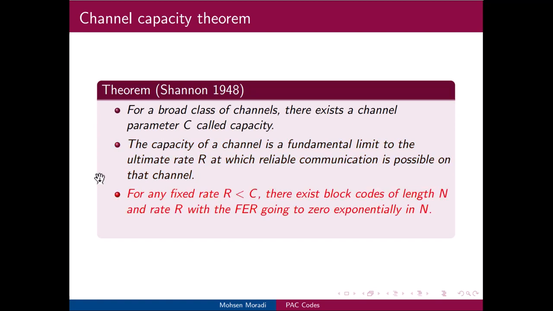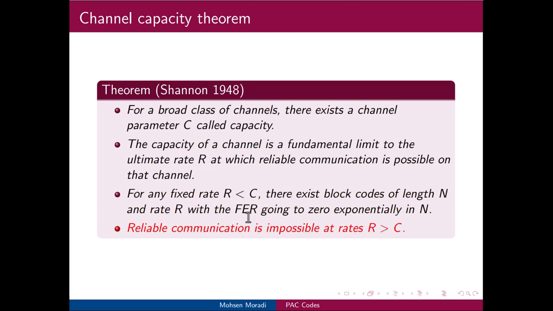We have an asymptotic result that when the block length N goes to infinity, for any fixed rate R less than the capacity, we can have a series of codes whose frame error rate goes to zero exponentially in N. It means that as the block length goes asymptotically to infinity, the frame error rate has an upper bound like 2 to the power of N times something negative.